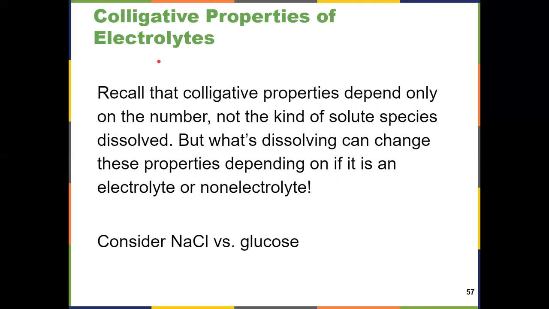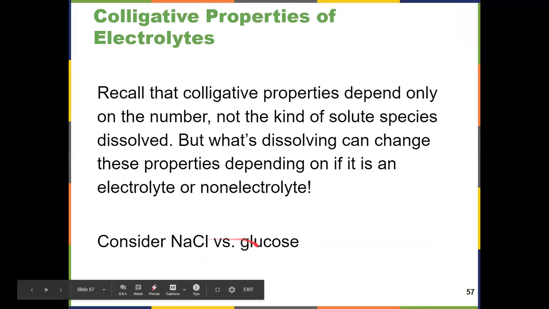Our colligative property still only depends on the amount of the solute that's in solution, the number, not the kind. But if the solute is an electrolyte, it can change the colligative properties. Let's think about something like sodium chloride versus glucose.